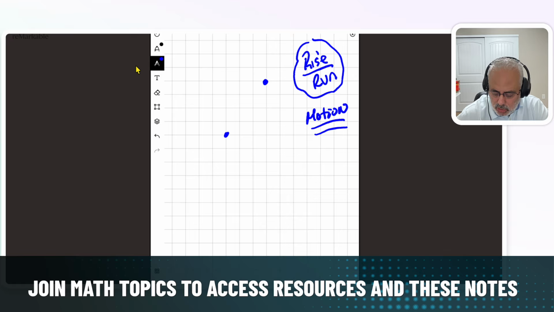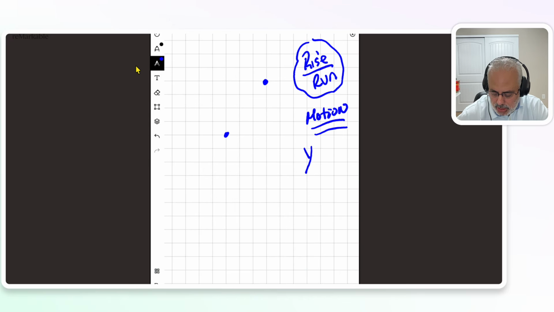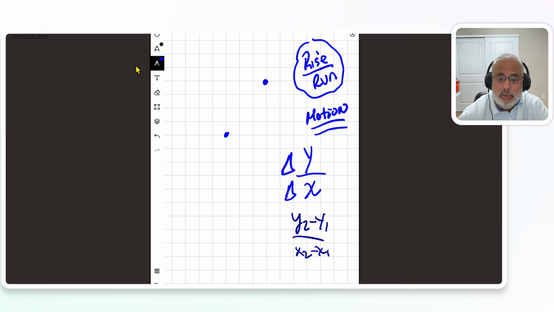The students need to understand that the Y is a motion and the X is a motion. And then it's when the notation delta Y and delta X comes, and then Y2 minus Y1 or X2 minus X1. But everything comes from here.